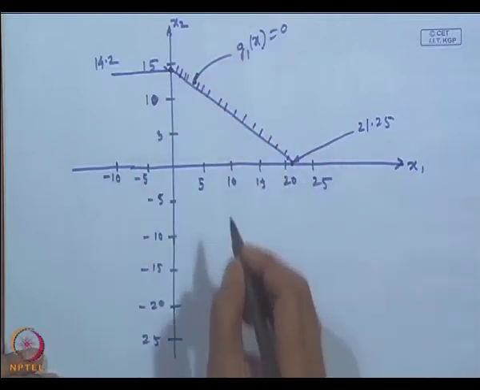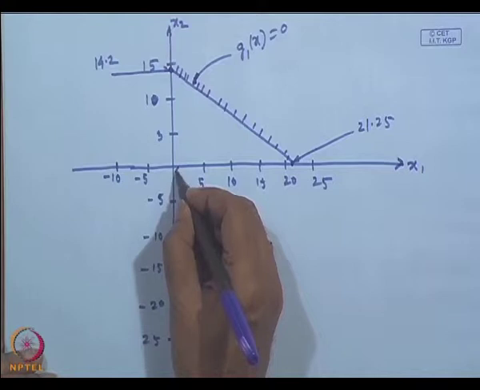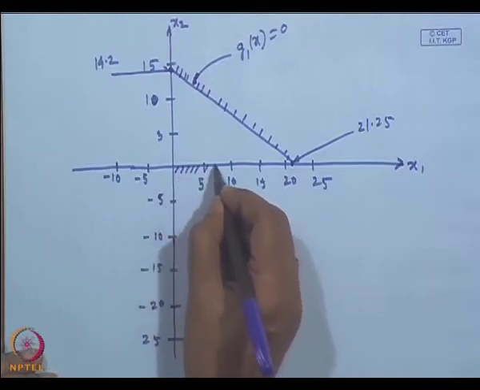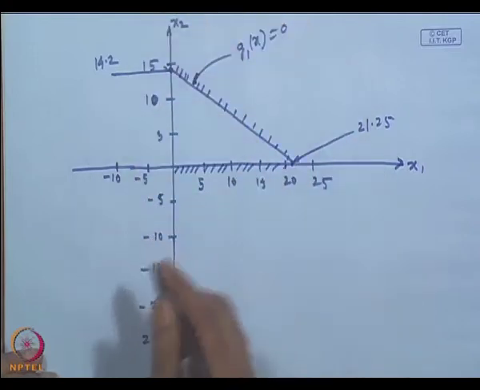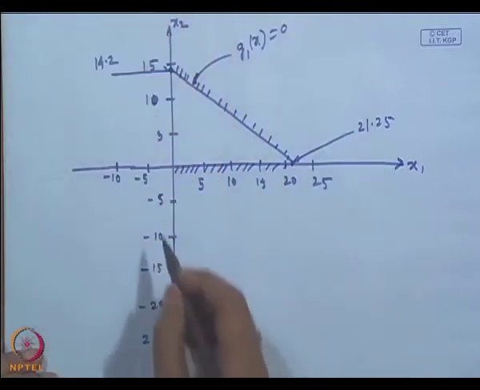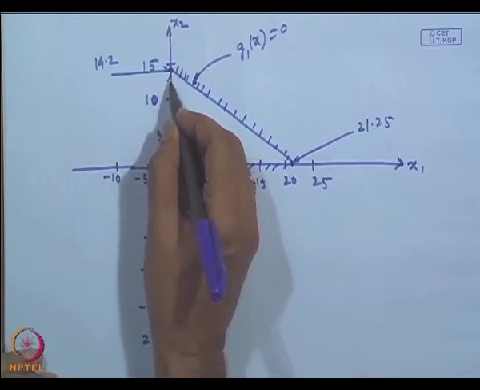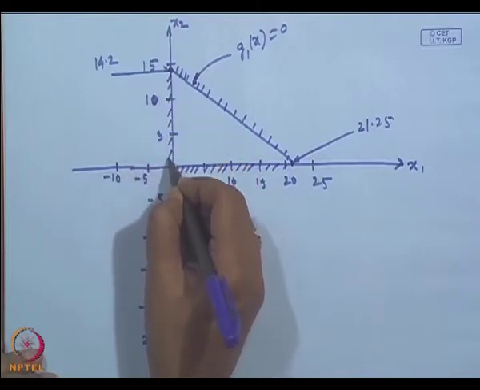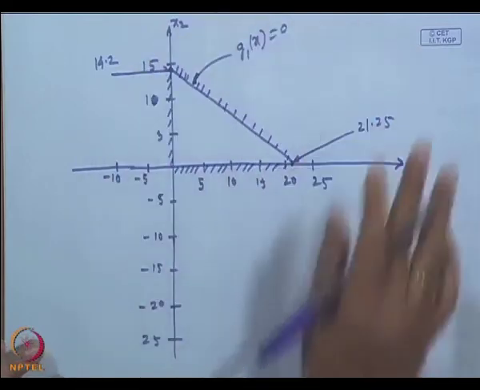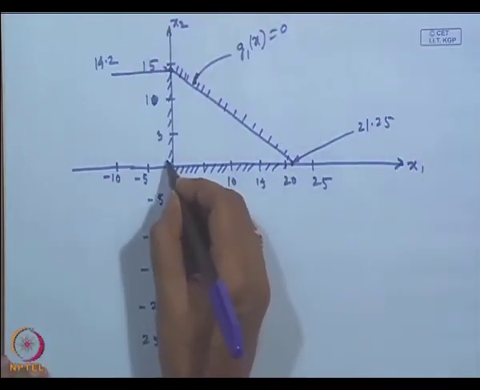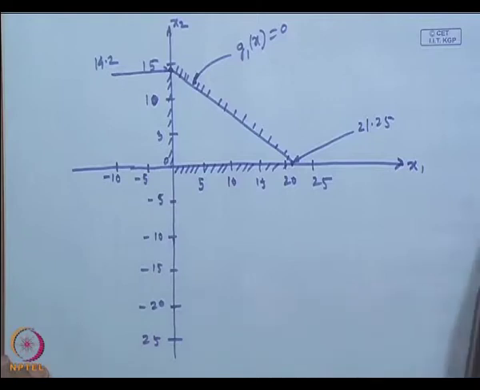We also know x 1 and x 2 are greater than 0, so it is only the first quadrant. So, this is our origin, and this is our g 1.